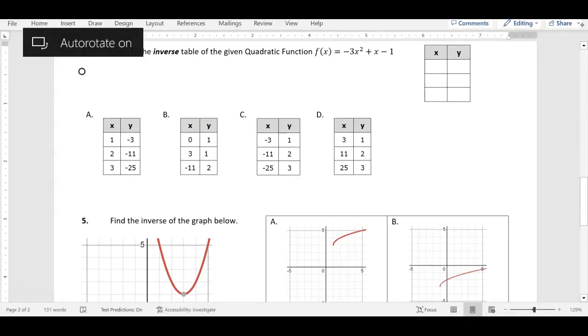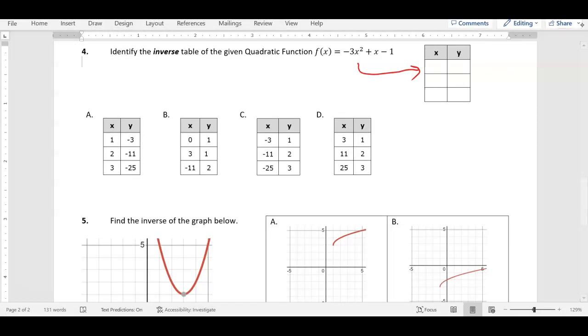Sorry about that. All right, number 4. So we need to fill out this table, because you cannot figure out the answer choice unless you have the original table. So let's do that.